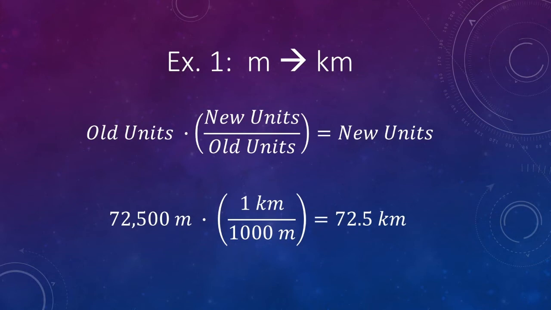So we note that 1 kilometer, kilo is 1,000, so 1 kilometer means we have 1,000 meters. So our new units of kilometers are on top, old units are meters are on the bottom, and we multiply that by our original value. We're left with 72.5 kilometers. Again, we do new units on top, old units on bottom.